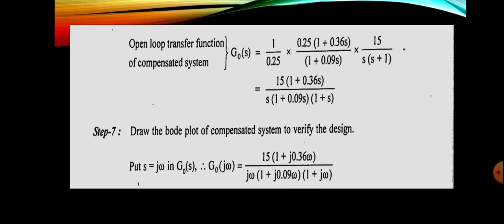And what is the next step? We have to write the terms of this transfer function in a tabular fashion, and the order will be the increasing order of their corner frequency. Here different terms are 1 plus 0.36 omega, another term is 15 by j omega, another one is 1 by 1 plus j 0.09 omega, and another term is 1 by 1 plus j omega.